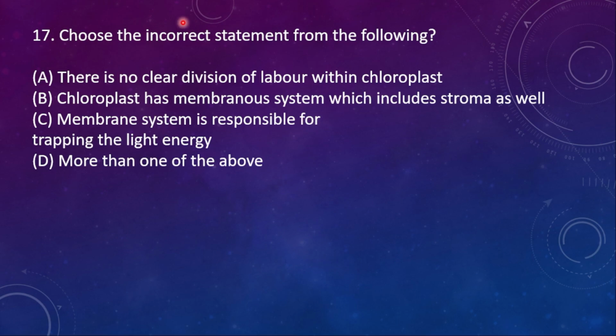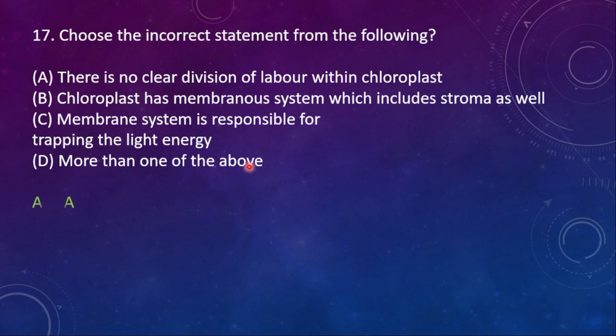17th question, choose the incorrect statement from the following. Option A, there is no clear division of labor within the chloroplast. B, chloroplast has a membranous system which includes stroma as well. C, the membrane system is responsible for trapping the light energy. And D, more than one of the above.